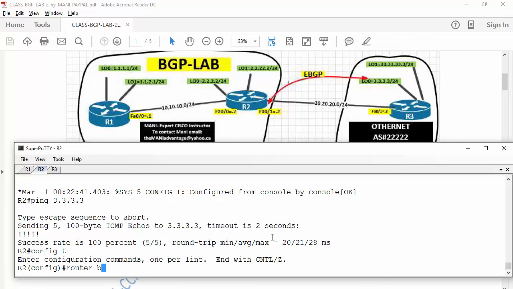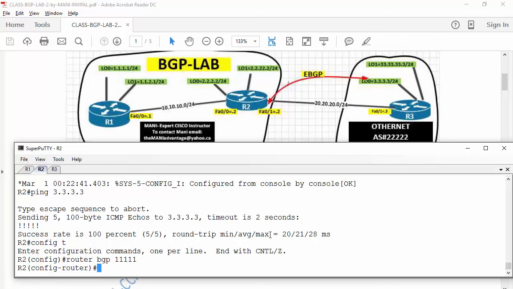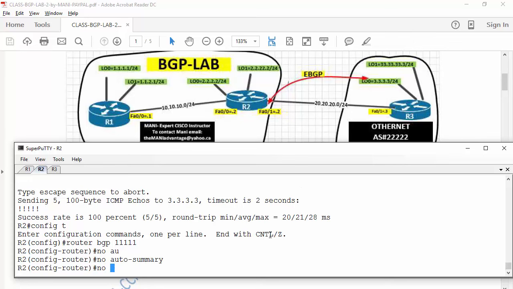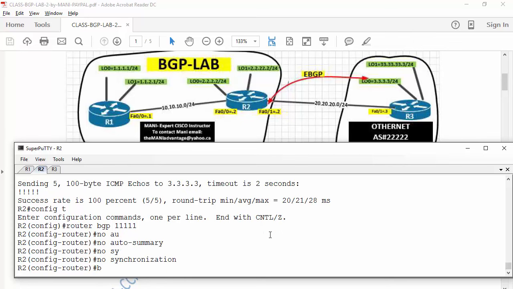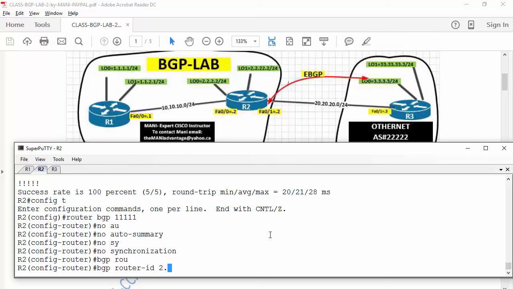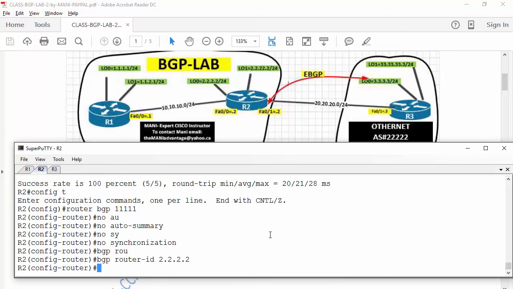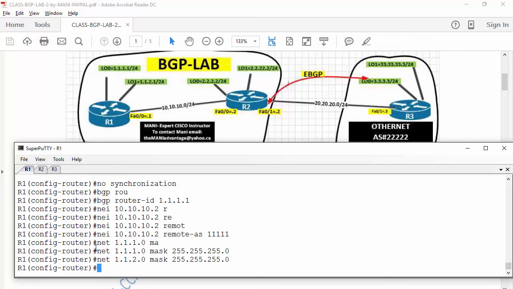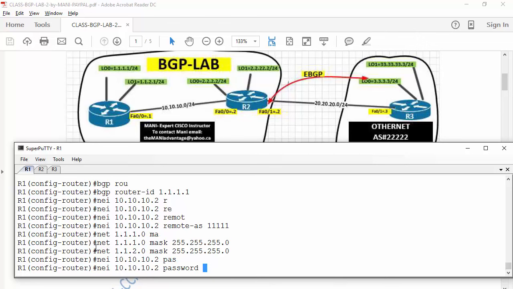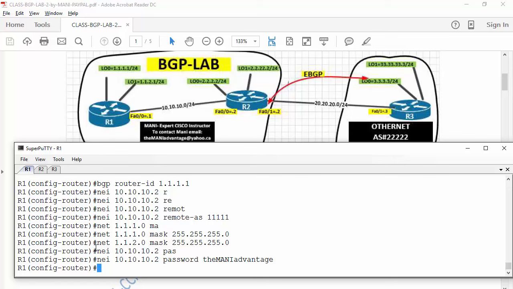So router 2, let's configure BGP. Router BGP, the MANICONET ASN number. No auto summary, no synchronization. Then BGP router ID 2.2.2.2. Then here, guys, I need one more command. Neighbor 10.10.10.1 password the many advantage, same as my email and my YouTube account.